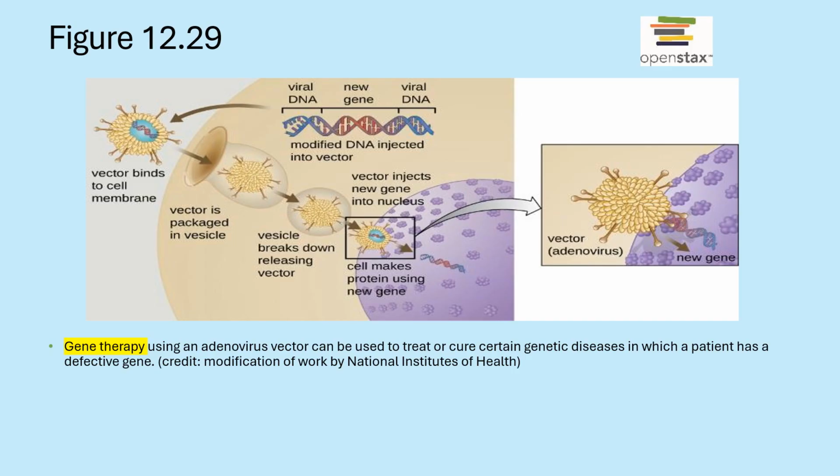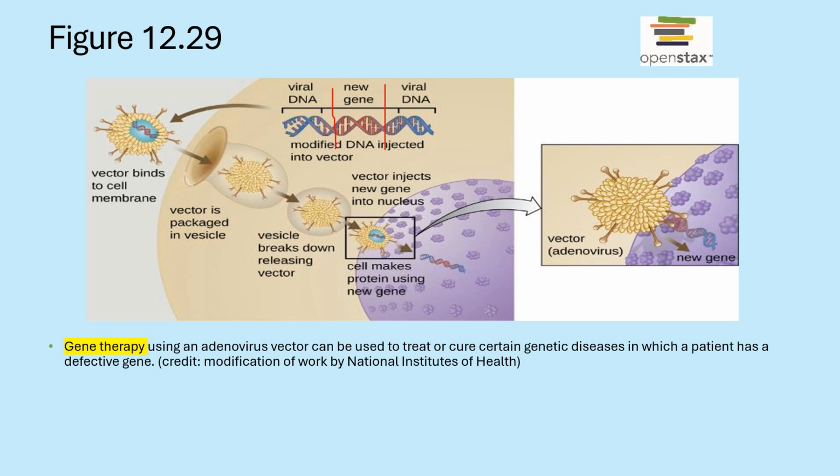This is showing how they would do this. This is taking specifically an adenovirus. Some of these cause the common cold, etc. That you would put, as you can see here, the DNA, you would put in the gene. You can see in here is the new gene that they've added in that's functional to replace the abnormal one.